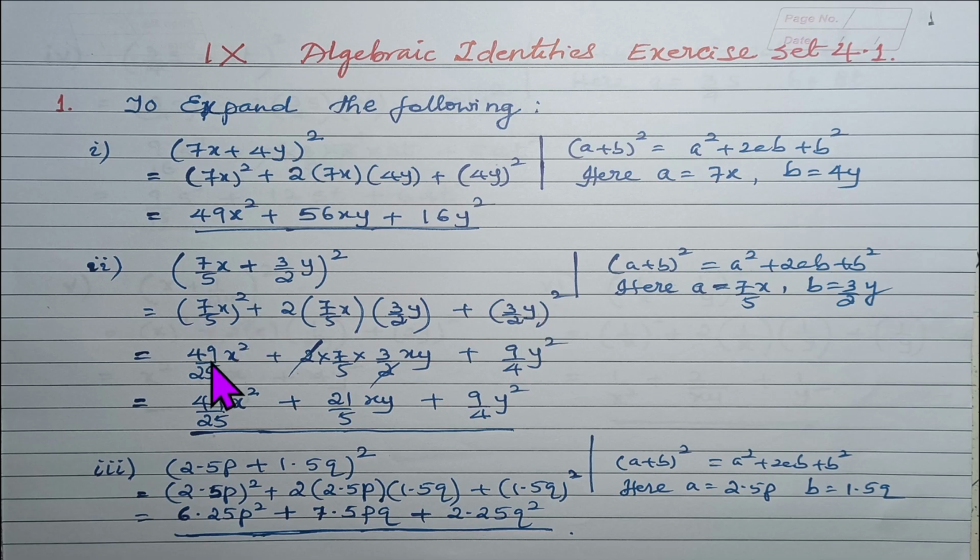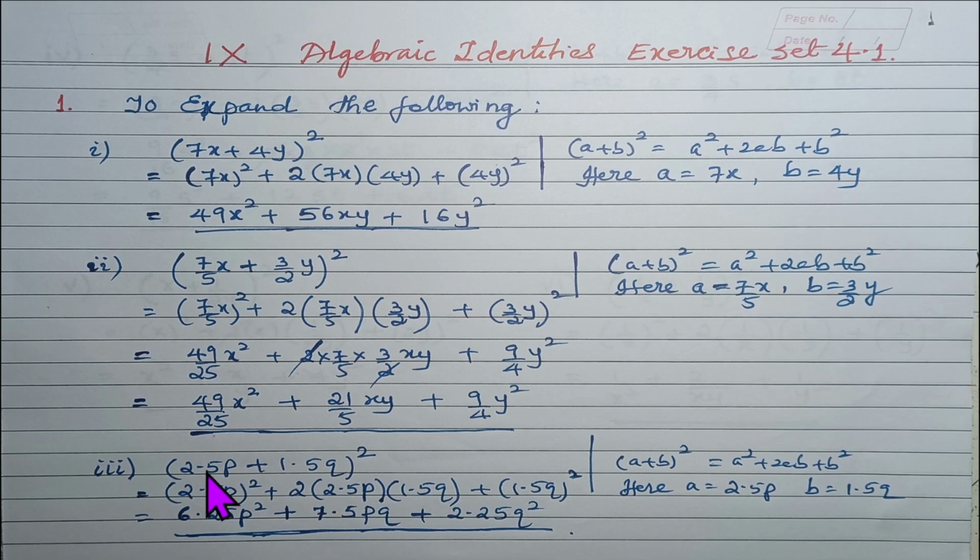So 7 squared is 49, 5 squared is 25, x squared. Now please understand here, multiply the coefficients first: 2 into 7 by 5 into 3 by 2, x into y, plus 3 squared is 9, 2 squared is 4, and y squared. And here the 2 and 2 get cancelled. So 49 by 25 x squared, 7 times 3 is 21 divided by 5 xy, plus 9 by 4 y squared is the expansion of the given square of 7 by 5x plus 3 by 2y.